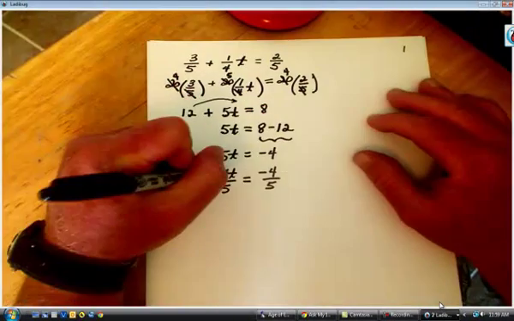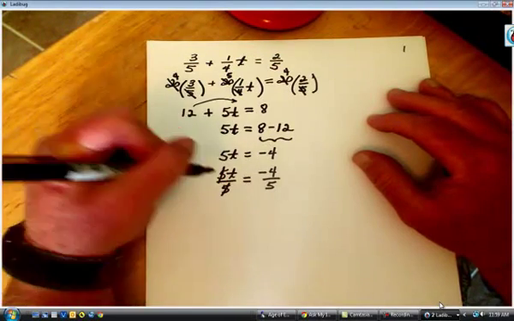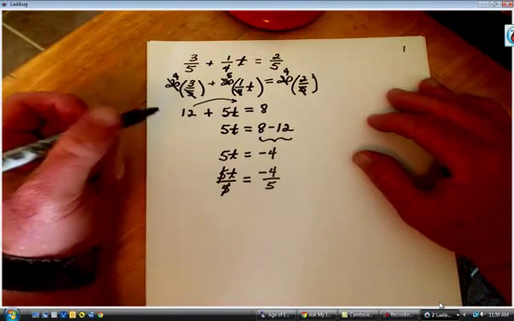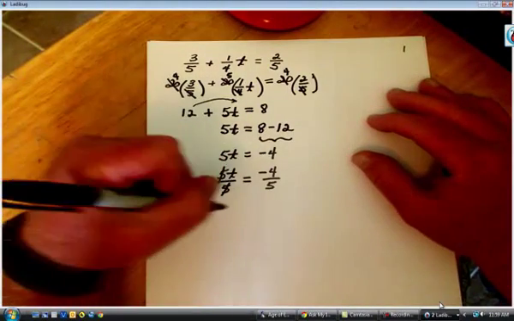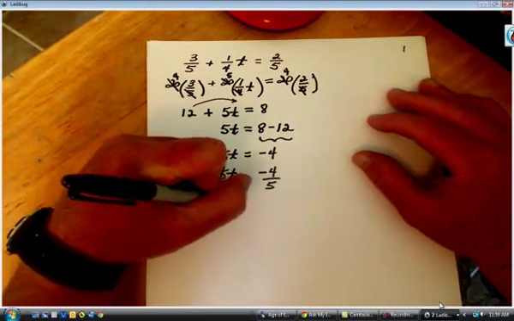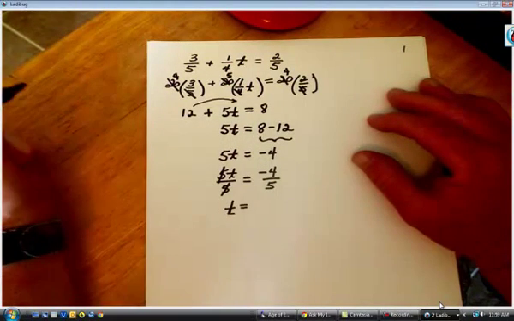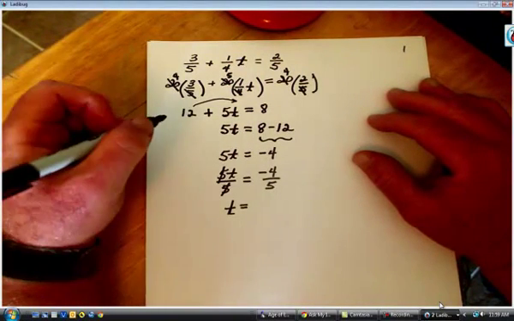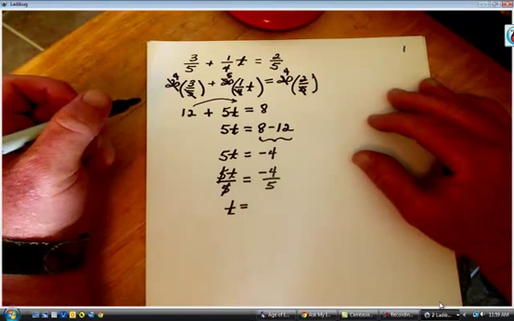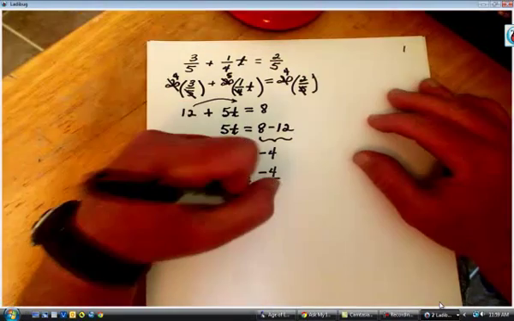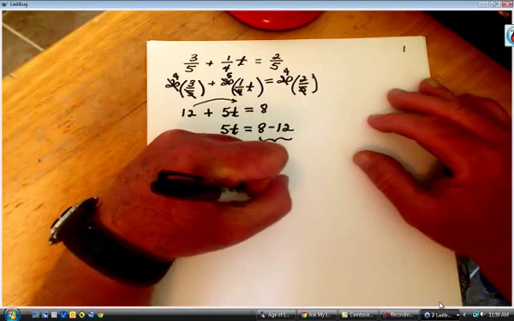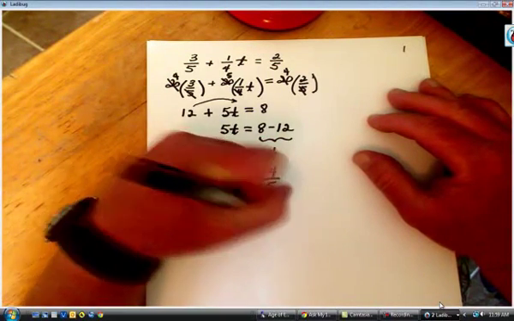On the left side, those 5's will cancel, chop, chop, but only if you make that sound, chop, chop. Leaving a t, the 5's cancel on the left side, leaving the t by itself, which is what we wanted. And on the right-hand side, a negative divided by a positive is a negative. So this is negative 4/5.